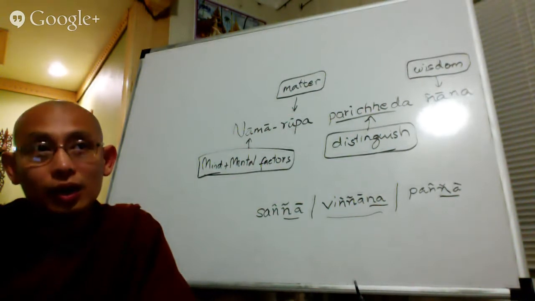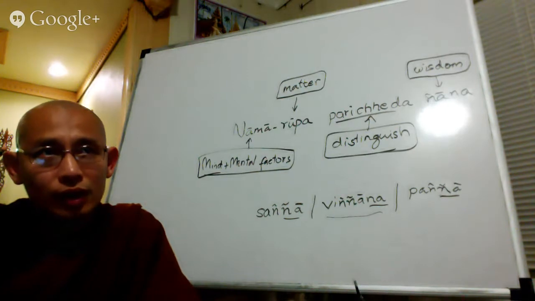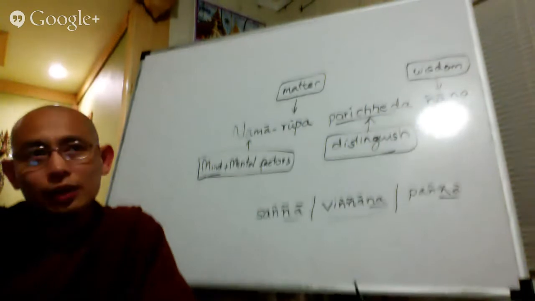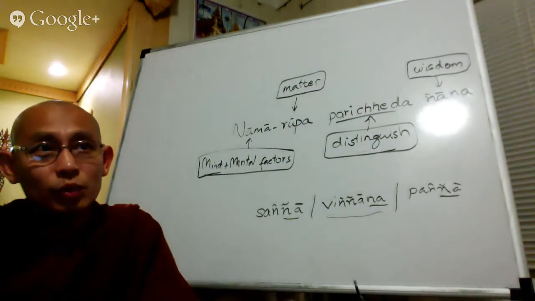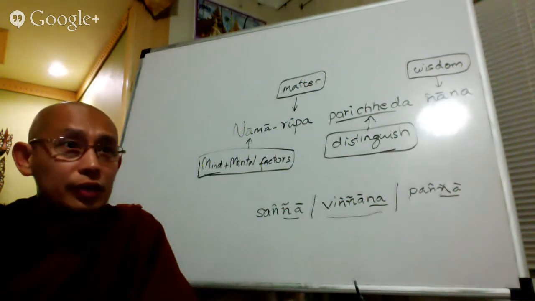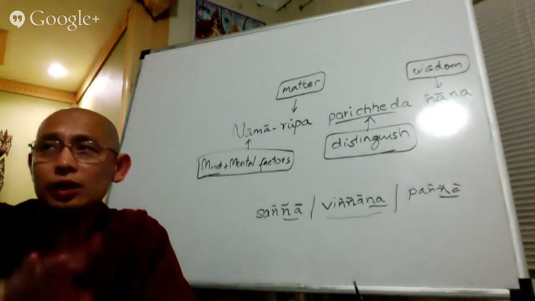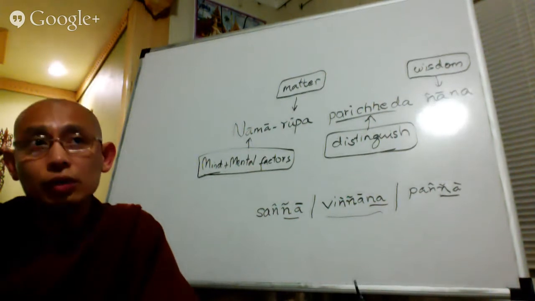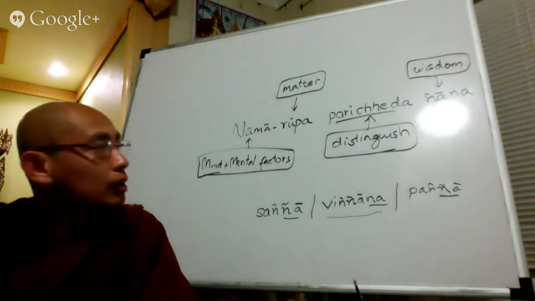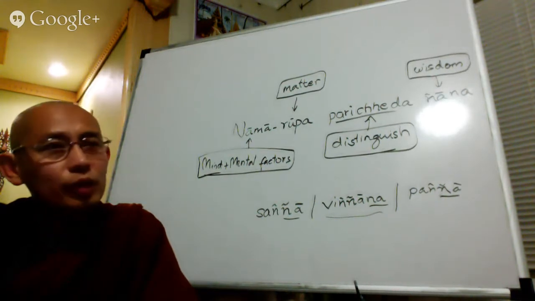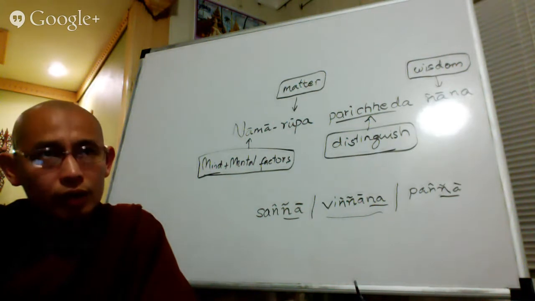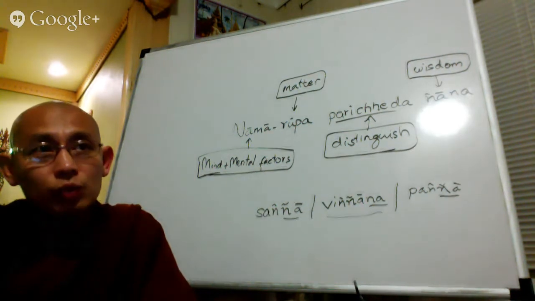So that's why Rupavachara Chitta, form sphere consciousness, is always with wisdom. Without wisdom, we cannot achieve the jhana level, a very strong concentration level. So all 15 types of Rupavachara, form sphere consciousness, are always with wisdom.